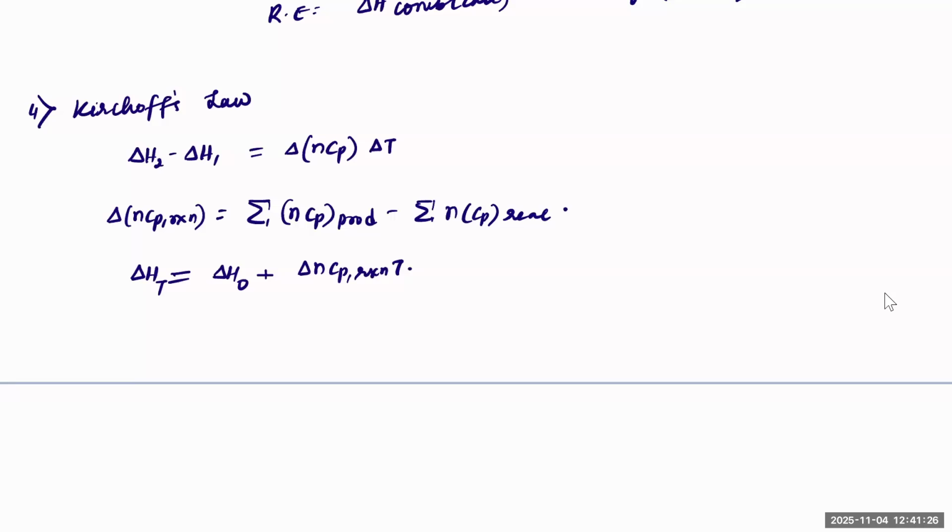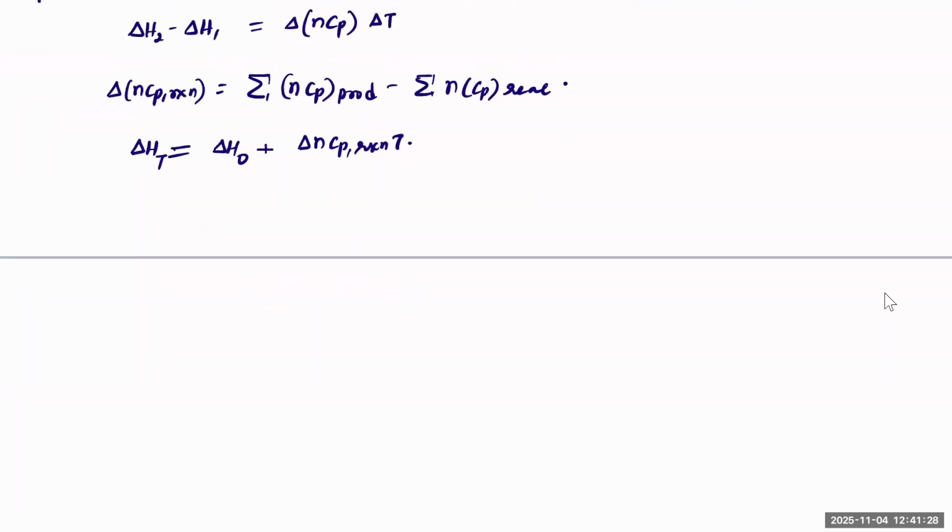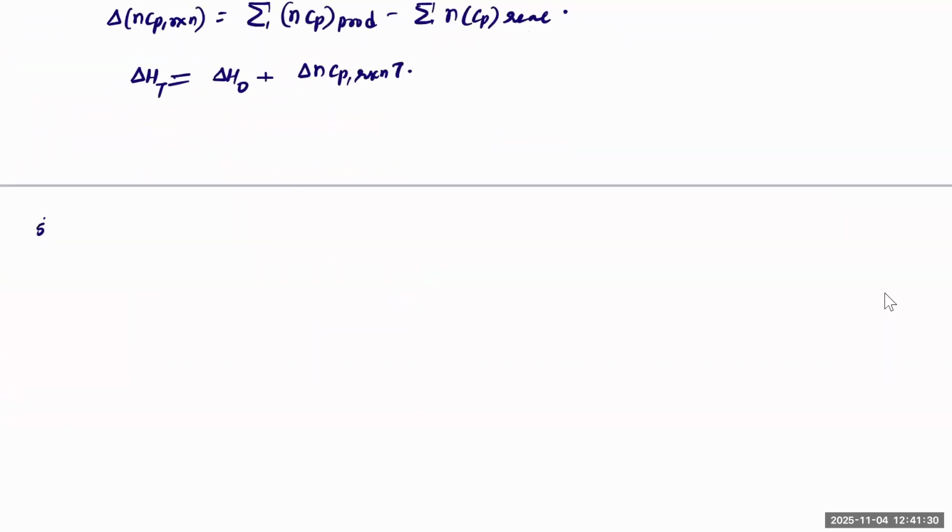Yes, sir. Okay. Now, the last thing is finding out delta G naught of the reaction. Same thing, delta G naught of the reaction can be written as delta G naught of the products minus delta G naught of the reactants.